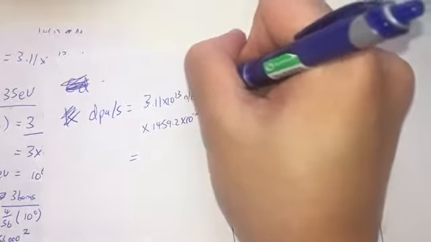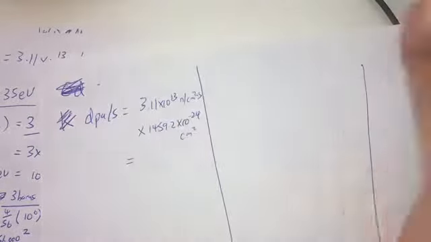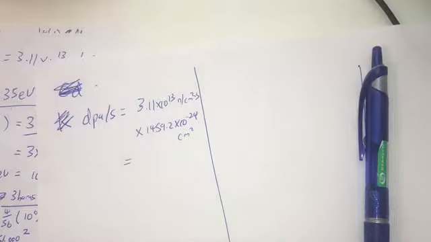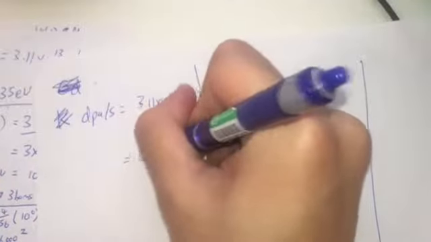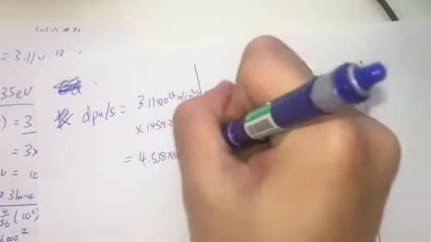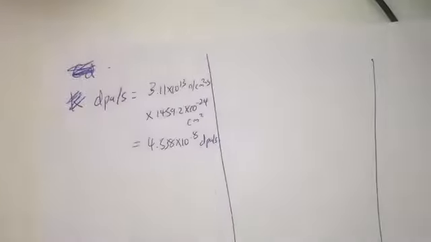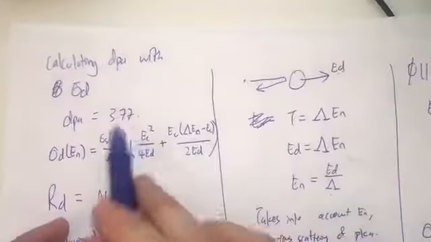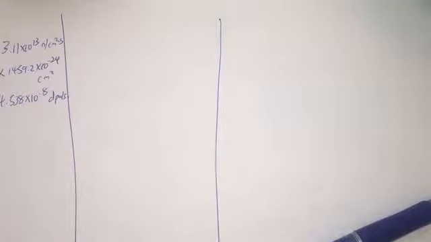Okay. Neutron per cm square per second. This is in cm squared. So this is 4.538 dPa per second. So this dPa here, 3.77, was calculated using the earlier approximation.